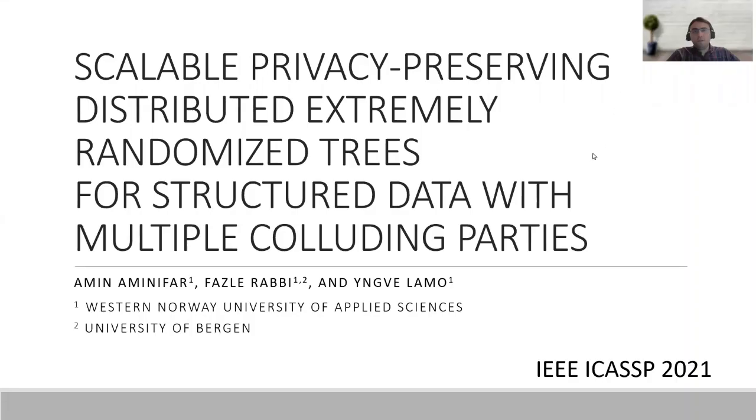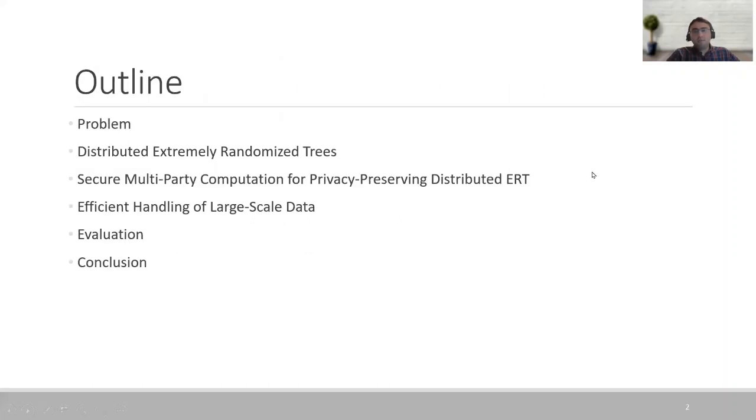In this presentation, I'm going to talk about scalable, privacy-preserving, distributed, extremely randomized trees for structured data with multiple colluding parties. First, I'm going to talk about the problem. Then I will discuss briefly distributed, extremely randomized trees.